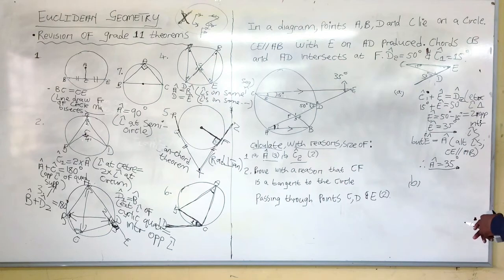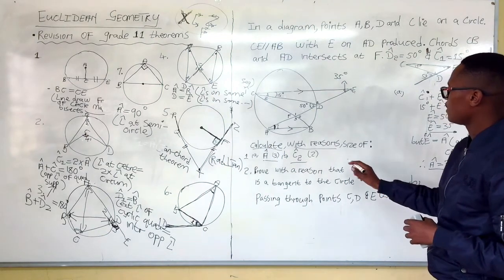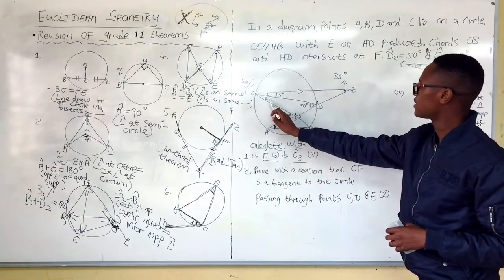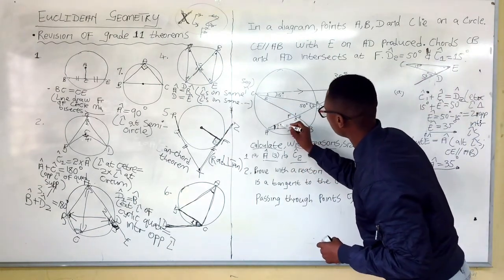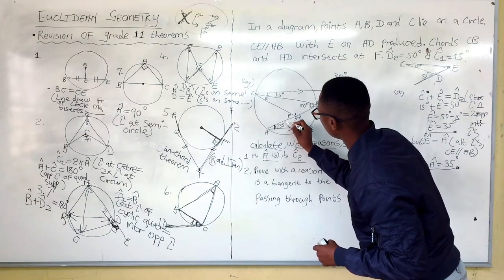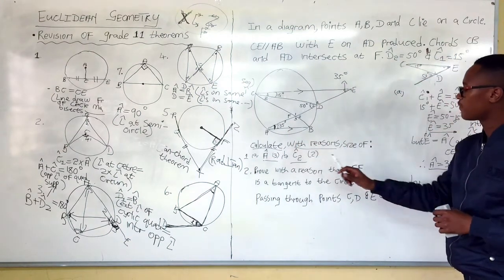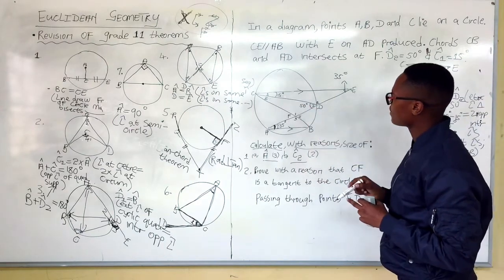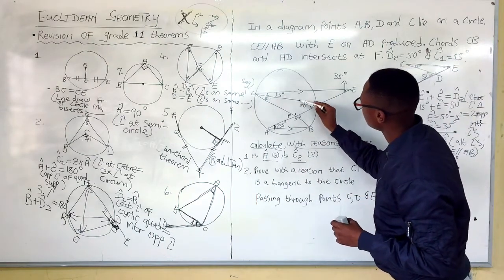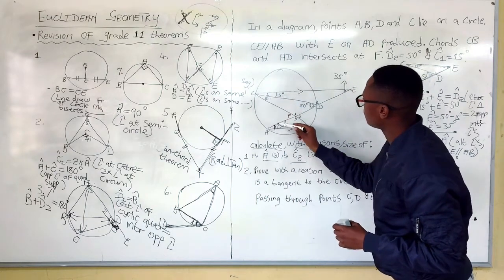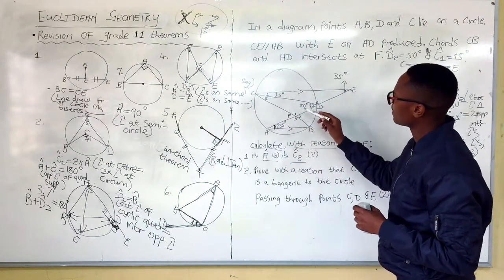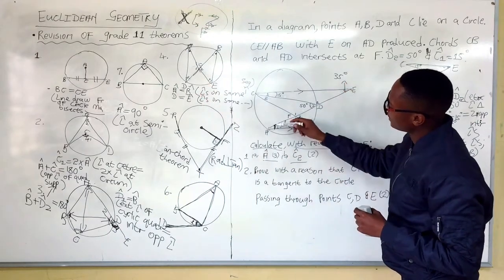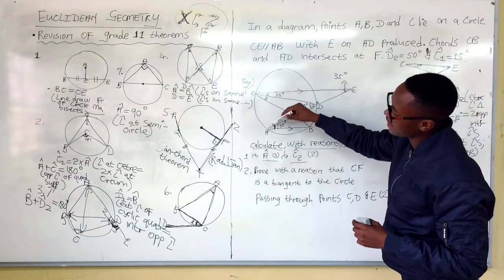Number B says calculate the size of angle C2. So this angle. Already, we have 35 here. Angle C2, I've just shown you, falls under this letter M. This letter M falls in the theorem which says that angles on the same segment are equal.